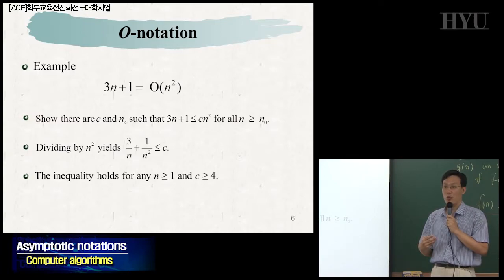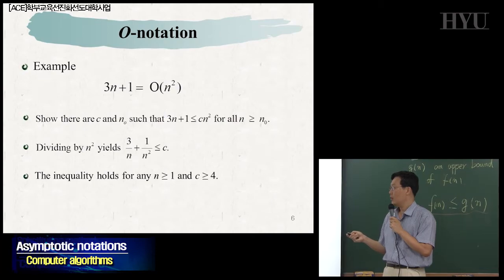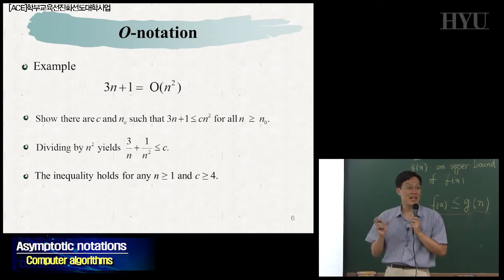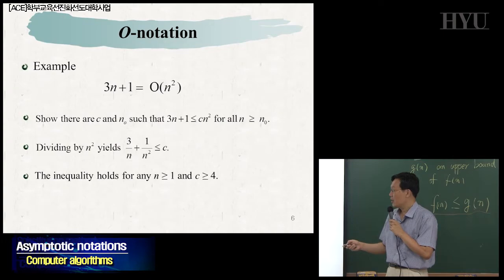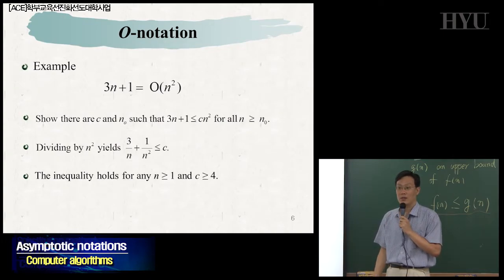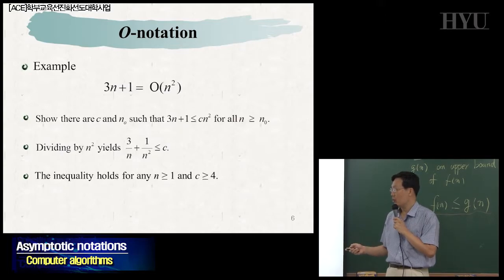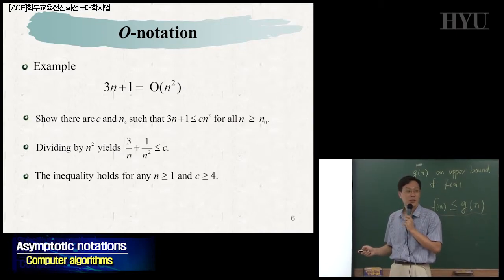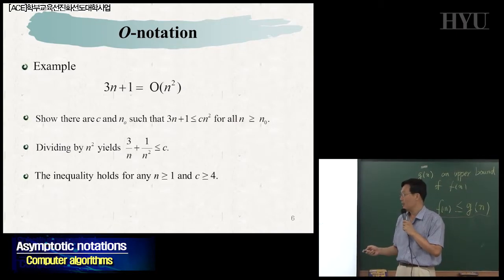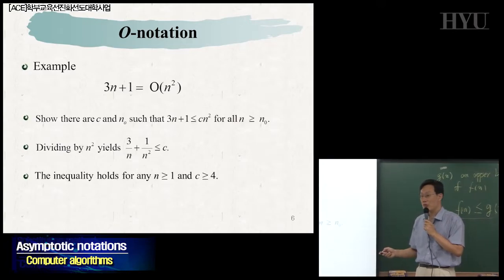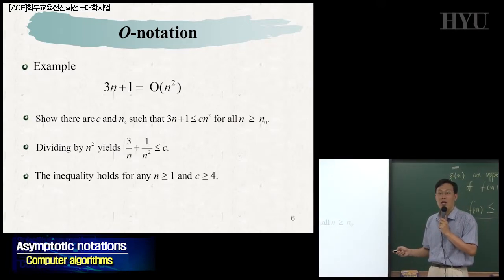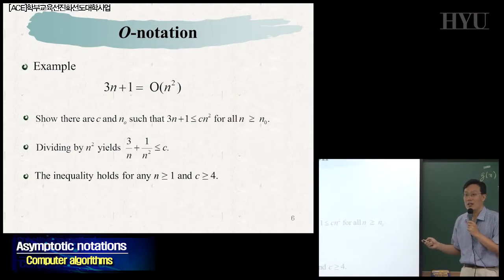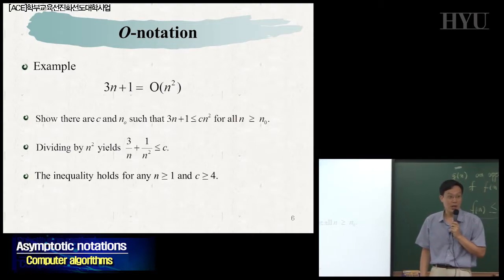The first step is to divide both sides by n squared. Then we get this inequality. 3n becomes 3 over n, and 1 becomes 1 over n squared. And this one becomes c. So if we find c and n0 satisfying this equation, they also satisfy this inequality.